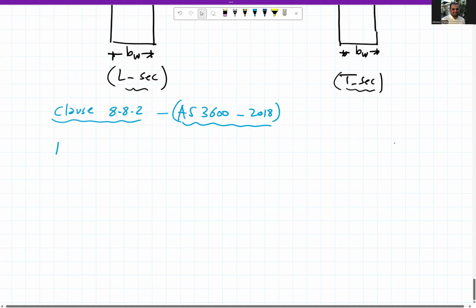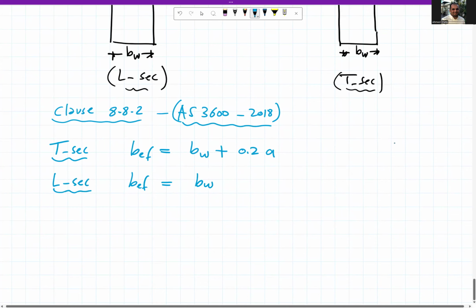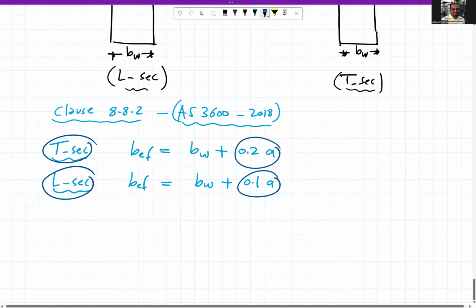For T section, B effective equal to BW plus 0.2 A. For L section, or the slab from one side, B effective equal to BW plus 0.1 A. So we have 0.2 A and 0.1 A for T and L section.